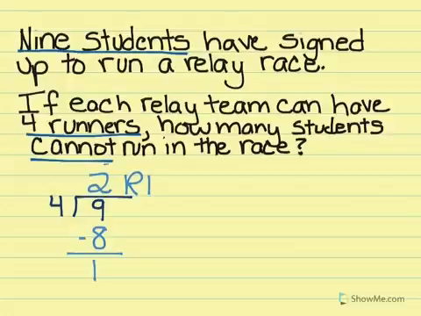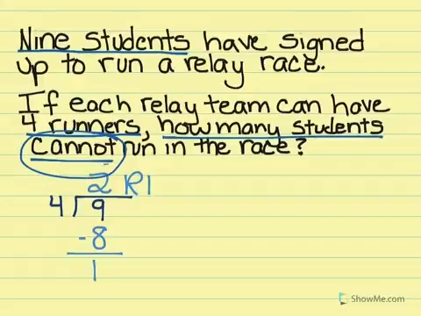But the question says, how many students cannot run in the race? So it doesn't say how many can. It's cannot. So that changes things. So in this example, I know that we can have 2 relay teams.